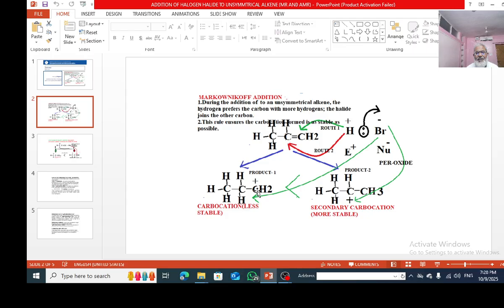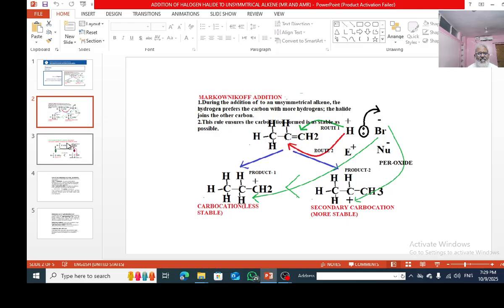Or in other words, you can say that the halide ion will prefer the carbon having least hydrogen or more alkyl substituted. Here is the alkyl group. That's why this bromine will come to this point. This is the Markovnikov rule.